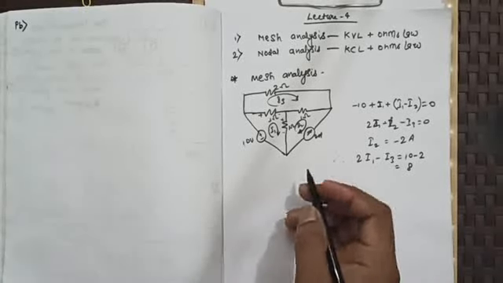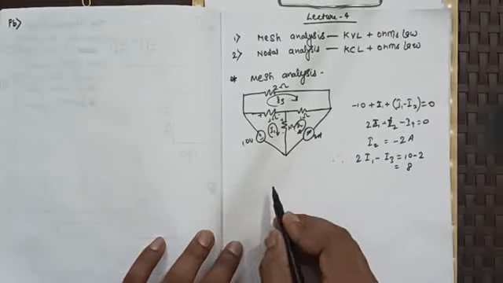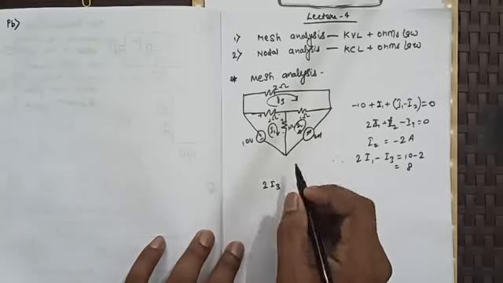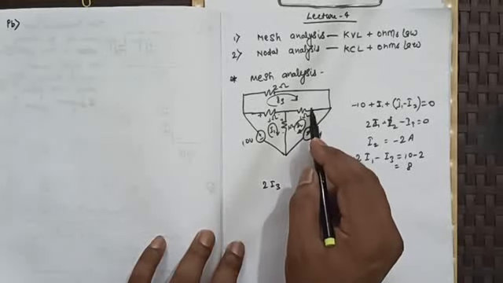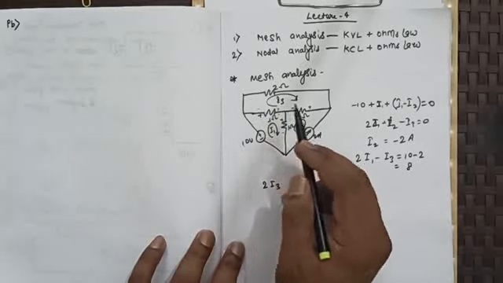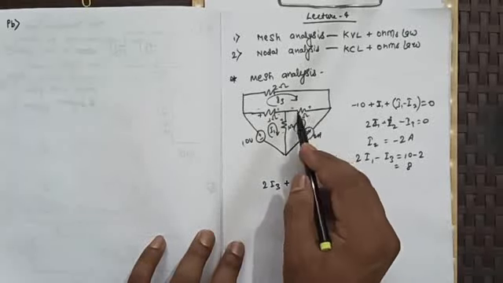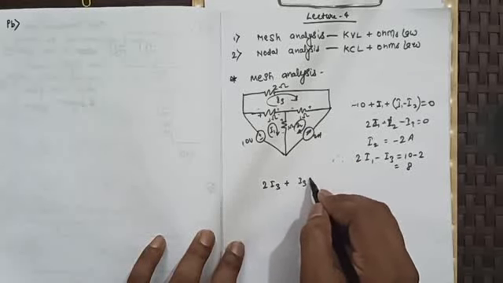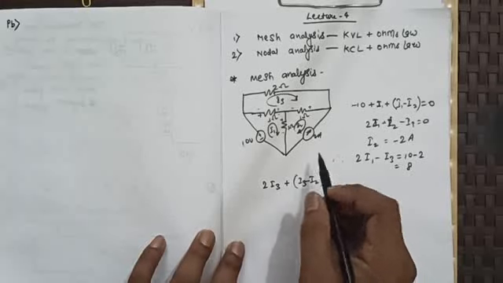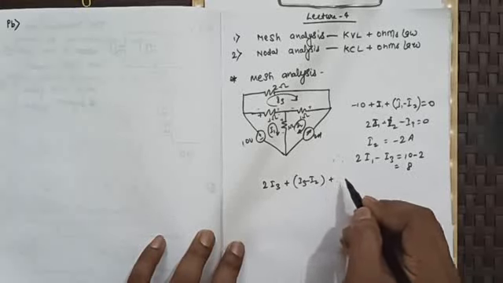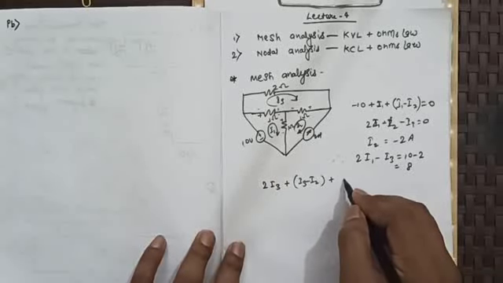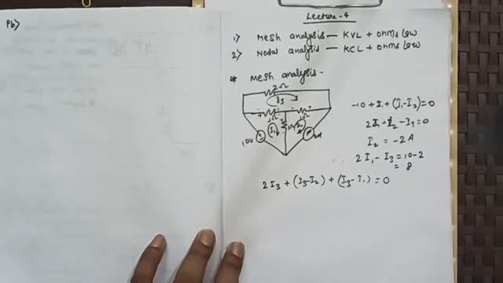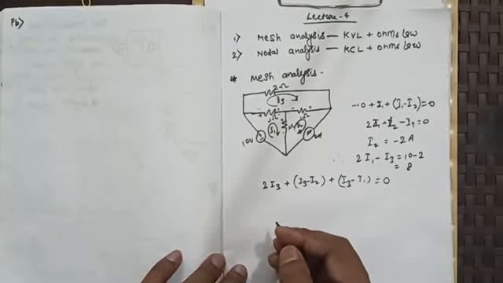Now writing KVL in loop 3, what we will have? 2I3 plus the drop across this, plus the drop across this, that is 1 ohm, I3 minus I2 into 1 ohm, plus I3 minus I1 multiplied by 1 ohm is equal to 0, right?